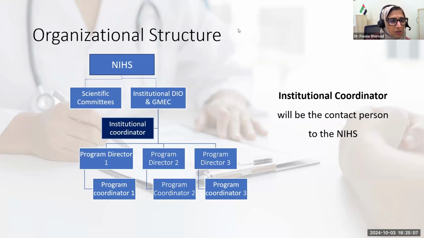At the institutional level, we have the DIO and the GMAC who will make sure that the policies are implemented. And to support the institutional level DIO and the GMAC, we have the institutional coordinator. Every institution has an institutional coordinator who has been communicating with the NIHS, especially in the pilot study phase.